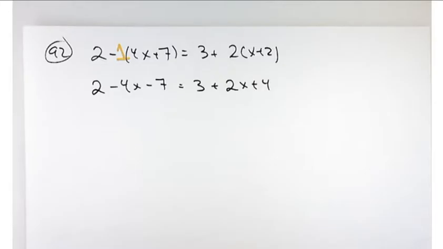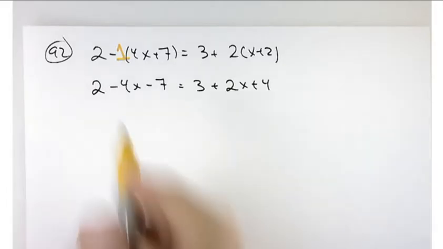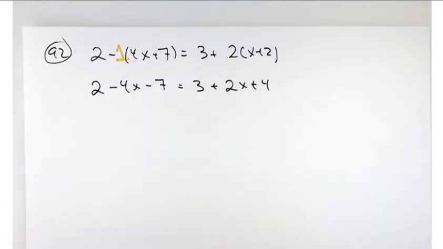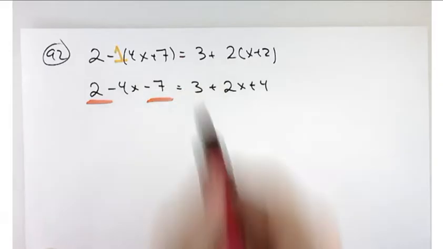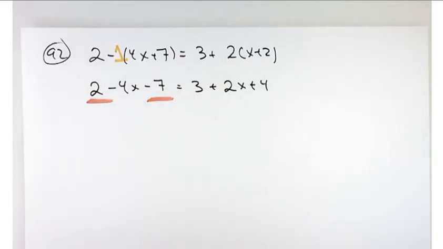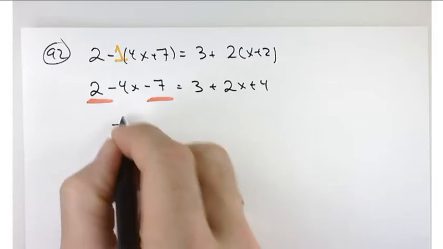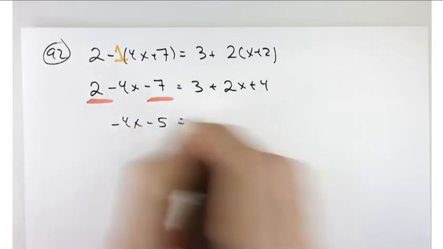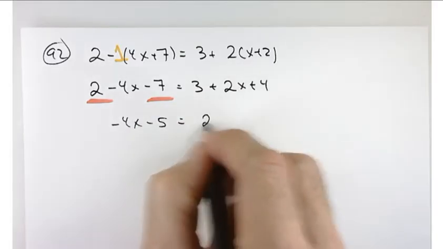After you get rid of the grouping symbols, if there are any like terms, combine the like terms. So on the left-hand side, we can combine like terms. 2 minus 7 is negative 5. On the right-hand side, I get 2x plus 7.